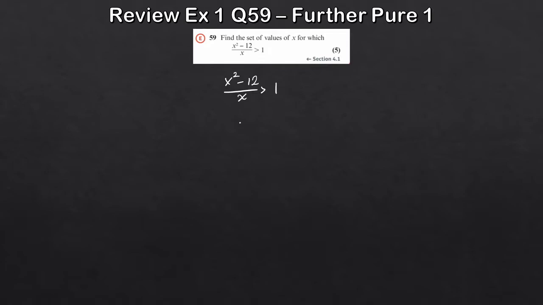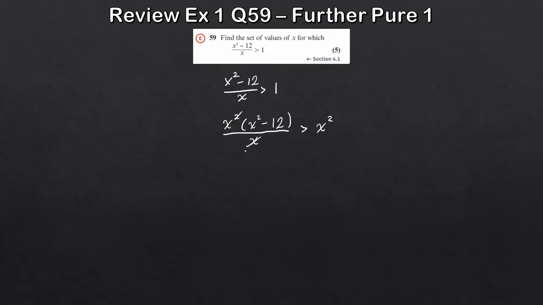So if we multiply it through by x squared here, I'm going to get x squared minus 12, all divided by x still. This is greater than x squared. Now this denominator here will cancel with one of my powers here, so I just get left with x.